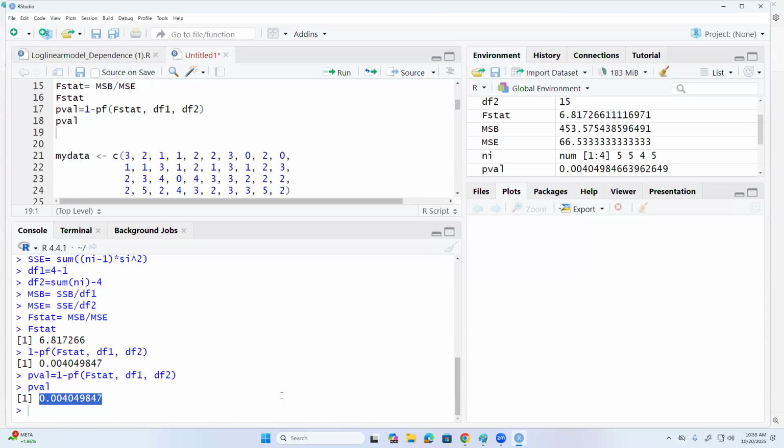So if you repeat this procedure, sample from the population, calculate the test statistic, and decide whether to reject or fail to reject based on that 0.05 cutoff, your test has a 5% probability of rejecting the null when the null truly holds.